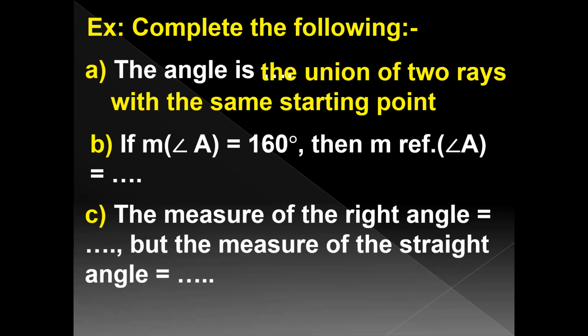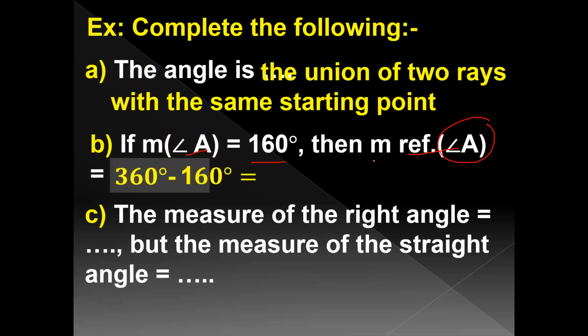We say that the angle plus its reflex equals 360. Angle A is 160, so its reflex will be 360 minus 160, which is 200.